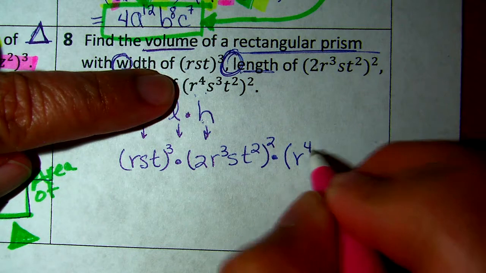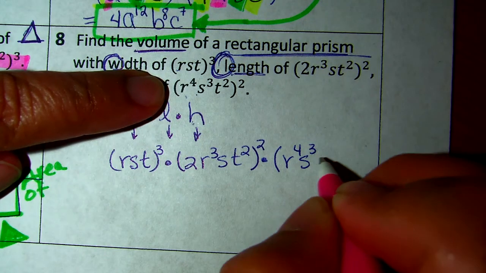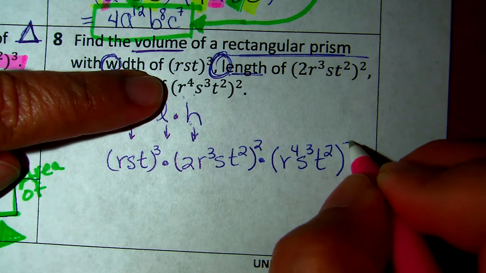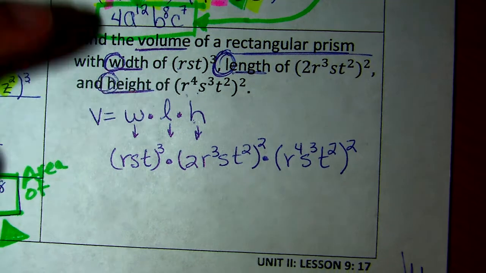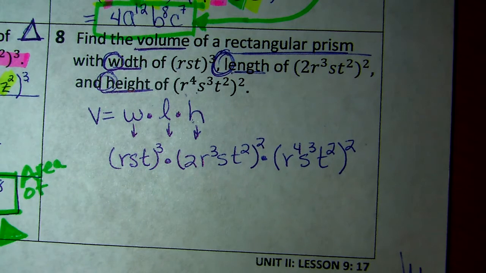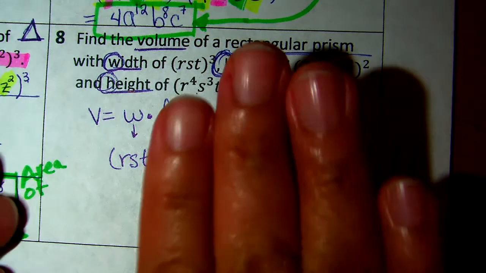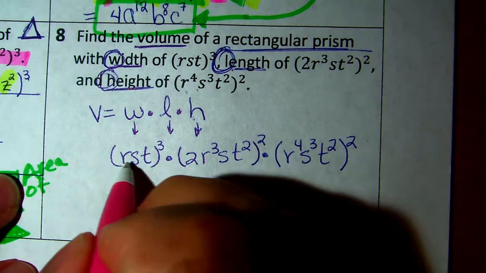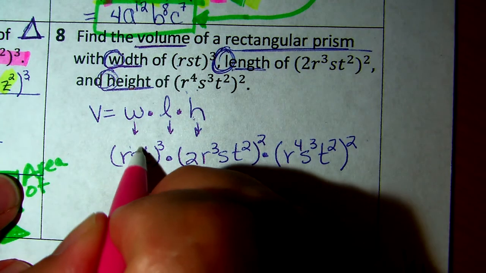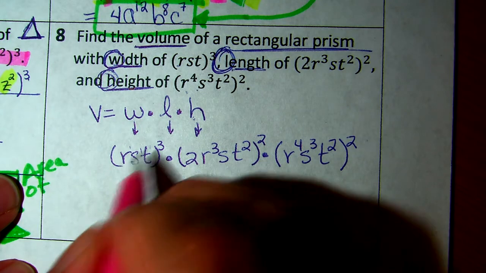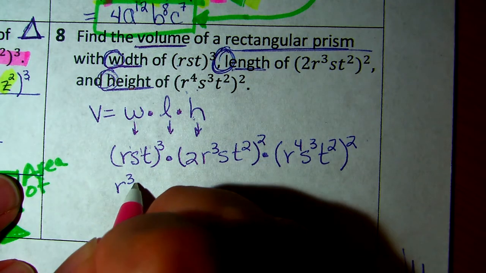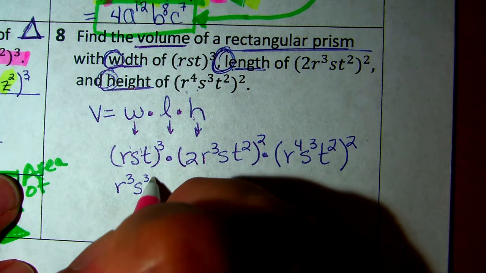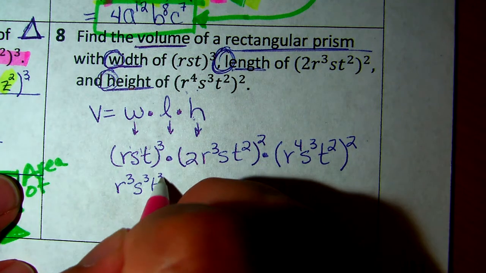R to the 4, S to the 3, T to the power of 2, all of it to the power of 2. Okay, so let's do this piece by piece. First, let's simplify this. Remember, R, S, and T, all 3 have an exponent of 1. So 1 times 3 is 3. The S, 1 times 3, 3. For the T, 1 times 3, 3.